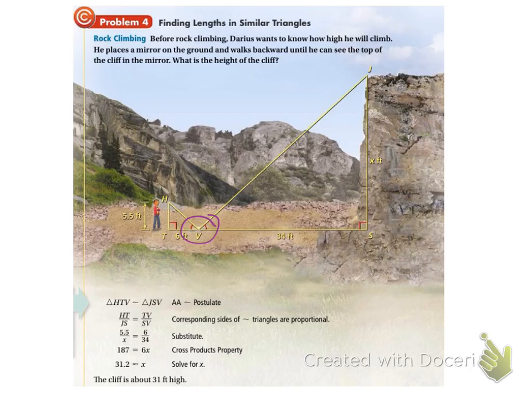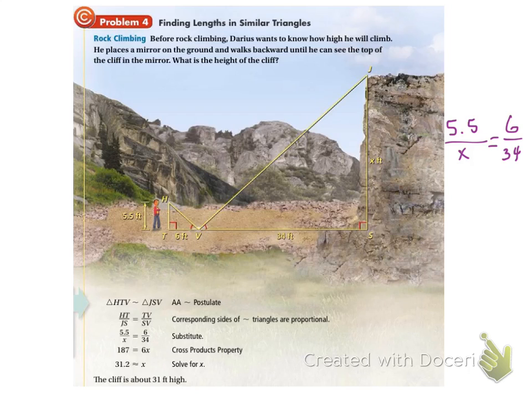So then we know that the triangles are similar. Then we can set up a proportion. So the height of the smaller triangle, 5.5, over the height of the big triangle, and that's just x, we don't know what that is yet, equals the base of the little triangle, 6, over the base of the big one, 34.